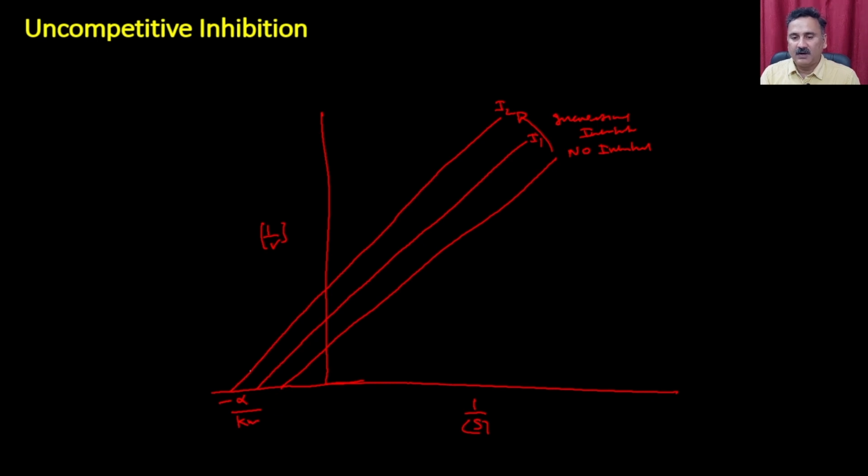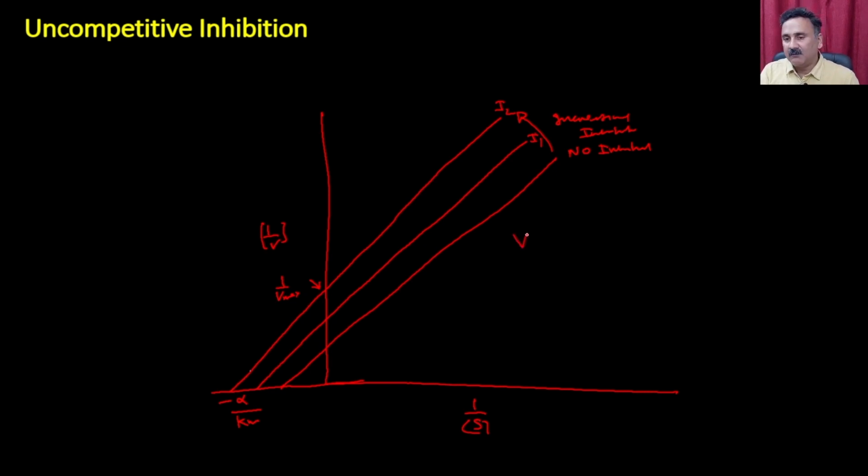So you'll see that you are actually changing the Km, and you are also changing the 1 by Vmax, okay. So this is the 1 by Vmax, and this is the Vmax when you have the inhibitor concentration 2. This is why it is so, because in this case, when the inhibitor binds, it actually induces the conformation, and that's all.